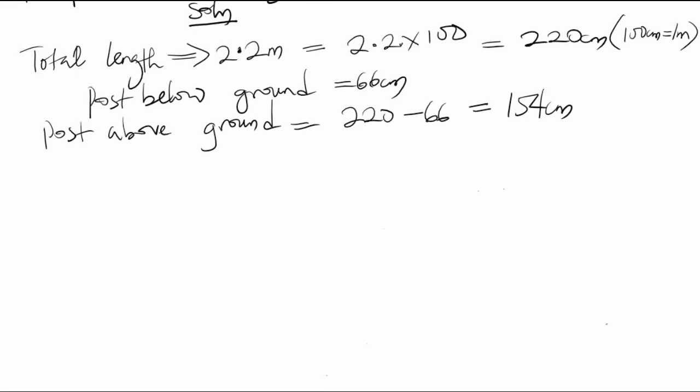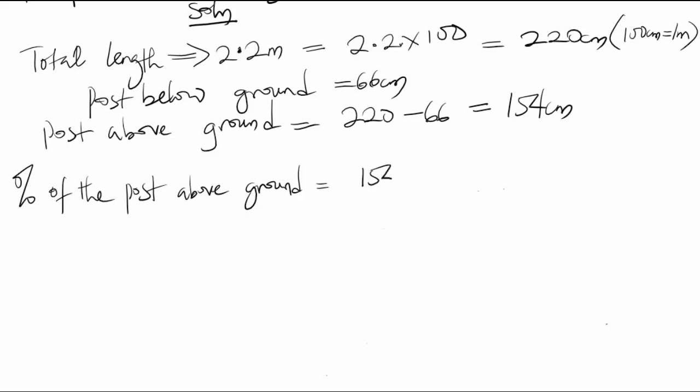But remember, we were told to find the percentage of the post above ground. So the percentage of the post above ground is the length of the post above ground divided by the total length of the post times 100 over 1.